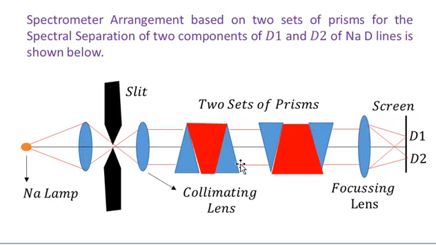Due to that, the wavelengths D1 and D2 are separated by the two sets of prisms, and they are well separated and focused by a lens into two discrete point sources. So D1 and D2 are the two point sources, giving you the wavelengths corresponding to D1 and D2. So you see that this spectrometer arrangement will help you to separate out the two wavelengths present in the sodium source.